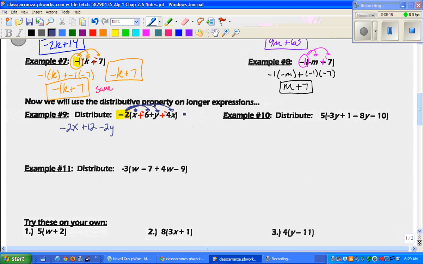And -2 times a -4 gives us +8x. So right now, all we're doing is distributing, right?